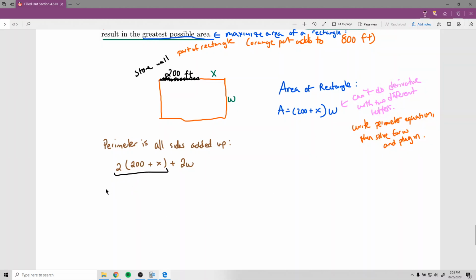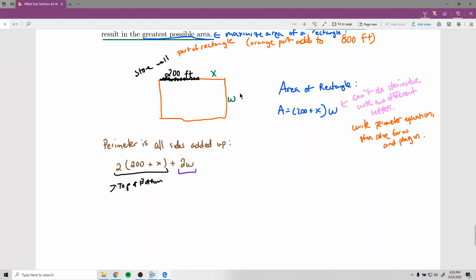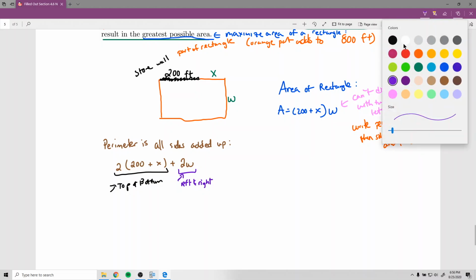This is the top and bottom. All right, this is how long each the top and bottom is. And then since we have two of them, that's where the 2 comes from. The 2 times W comes from the left and the right. Right, each length is W.